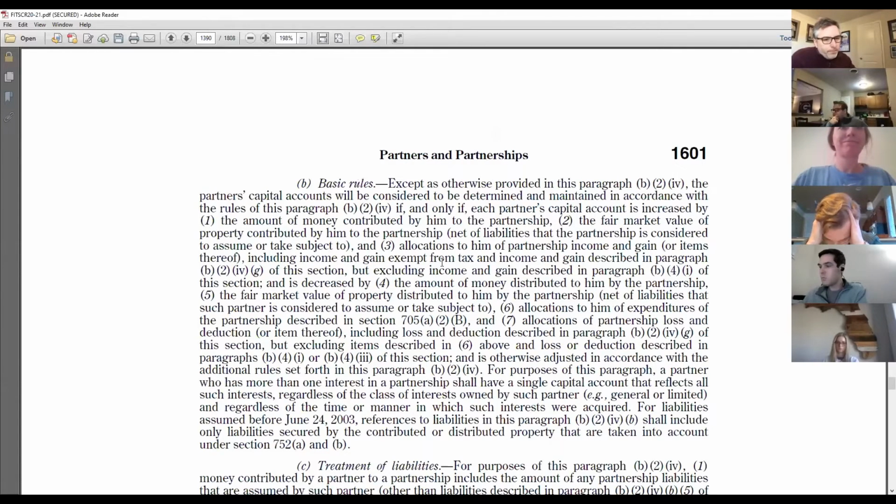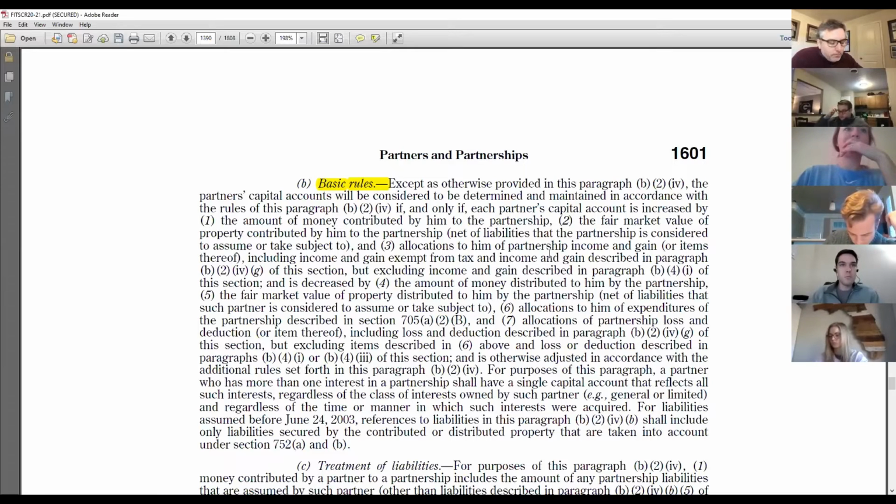Right here on page 1601 in the volume, the code and reg volume that I'm using. This is the CCH 2020-2021 version. The heading is basic rules. And so this is a starting point to determine how we calculate a partner's capital account. And you can think of a capital account as kind of like a bank account in your partnership.